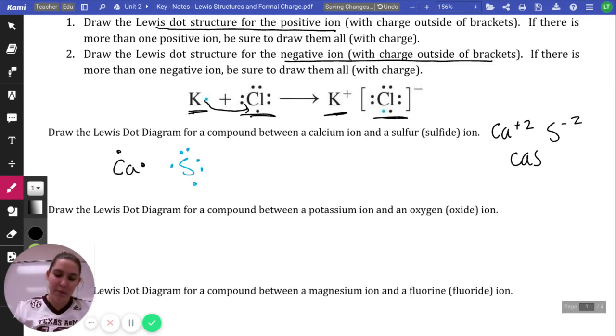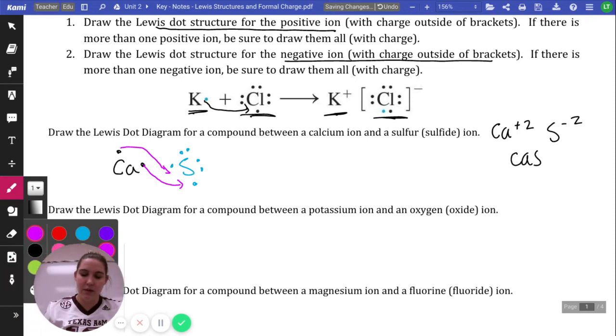All right, so what happens is when they form those bonds, calcium is going to donate its 2 electrons to sulfur. And so then calcium, because it's donated those 2 electrons, sorry, having some technical difficulties, it now has lost its valence shell.